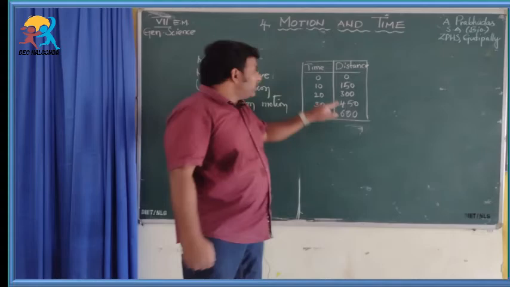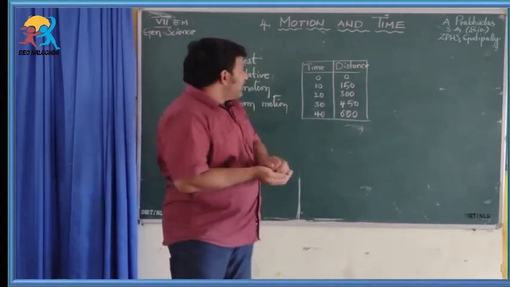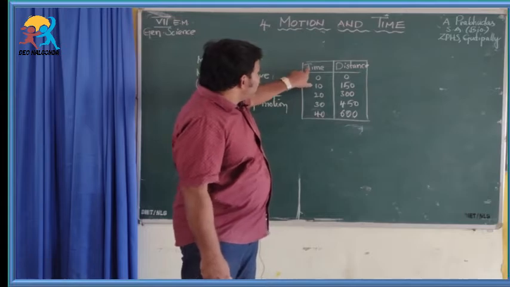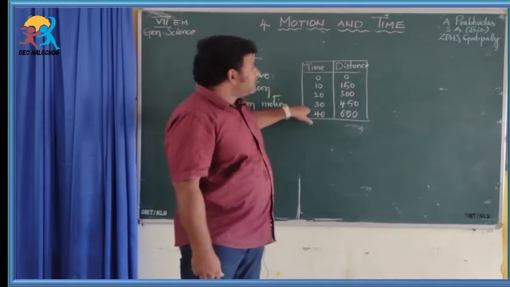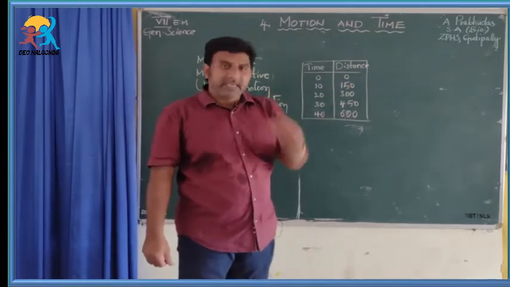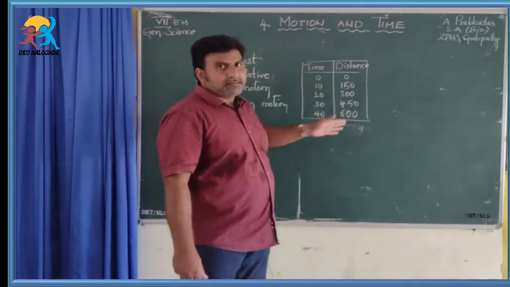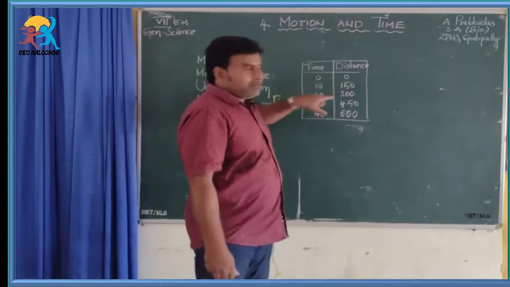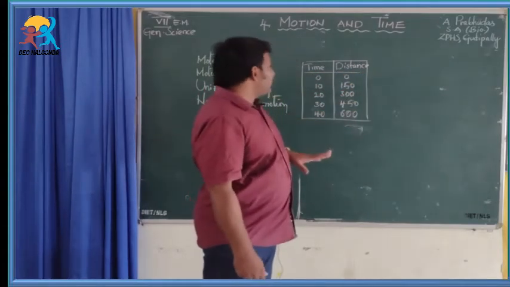If you observe, this table contains two columns. In the first column time is given and in the second column the distance travelled by a vehicle, say for example a car. The distance covered by the car with time is given in the second column.